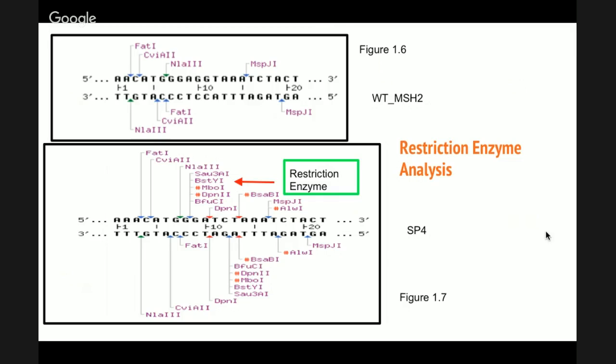This is a restriction enzyme analysis, and we're doing that for our wild type and our mutant strand of plasmid DNA. And what we found was our restriction enzyme to be BstYI. And as you can see, that is found only in our SP4 strand.